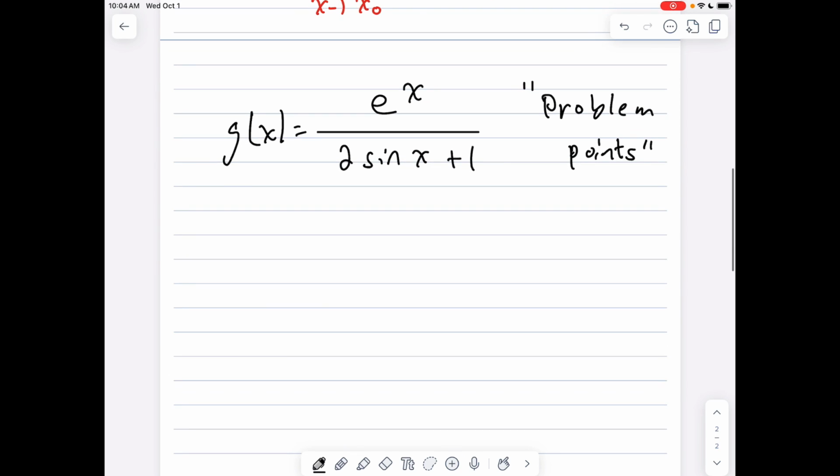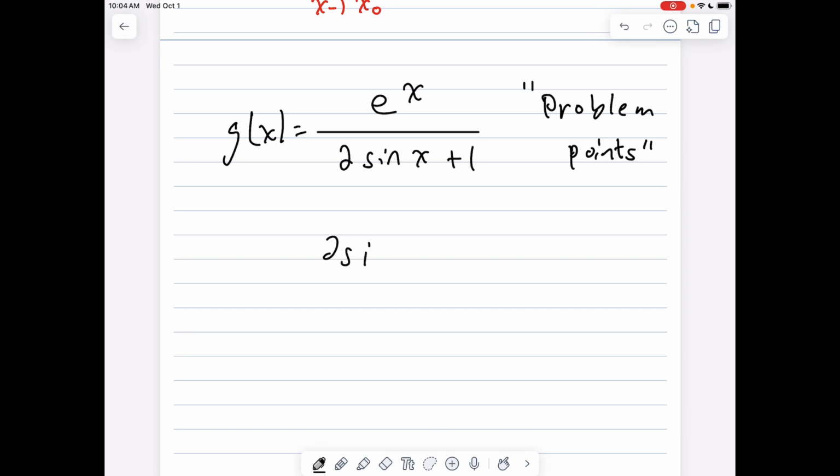And let's start with e to the x divided by quantity 2 sine x plus 1. So first of all, which points should I be taking a limit at is the first question I ask. Well, you'd have to look at where we have our quote-unquote problem points. So that is when the denominator is equal to 0. So 2 sine x plus 1 is going to equal 0.